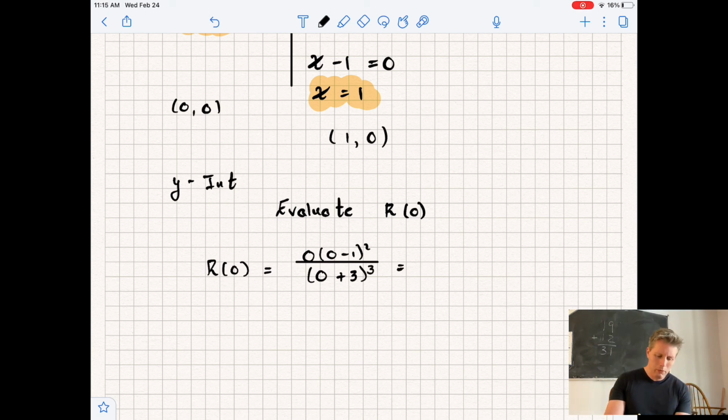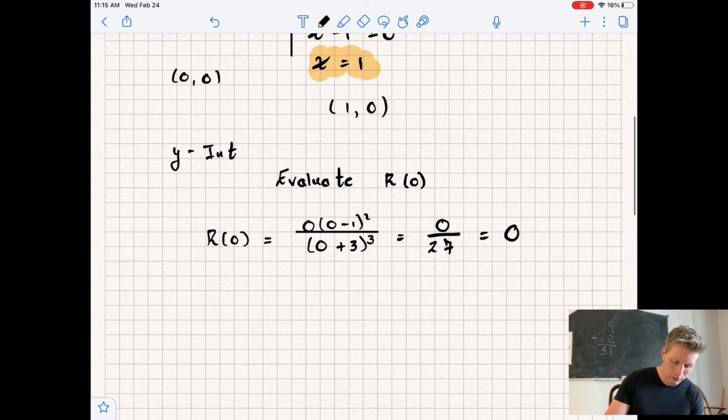And so I'll have a 0 up on top. And 3 cubed, 3 3s are 9, 3 9s are 27. And so I'm getting 0 over 27, which is 0. So my y-intercept is also 0.